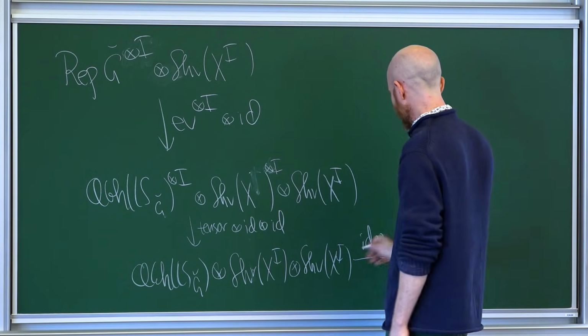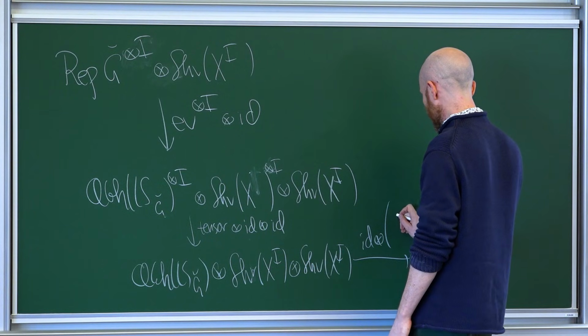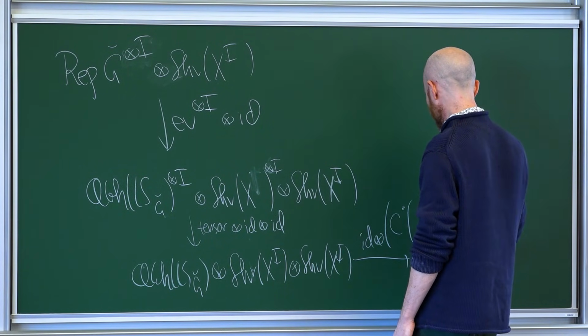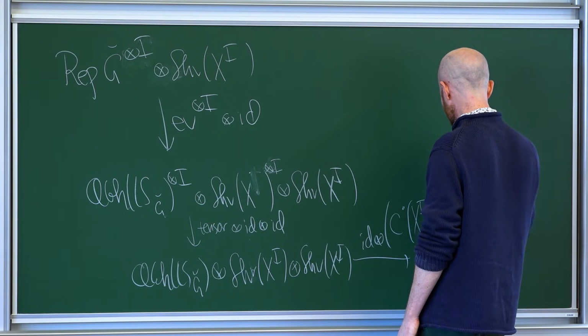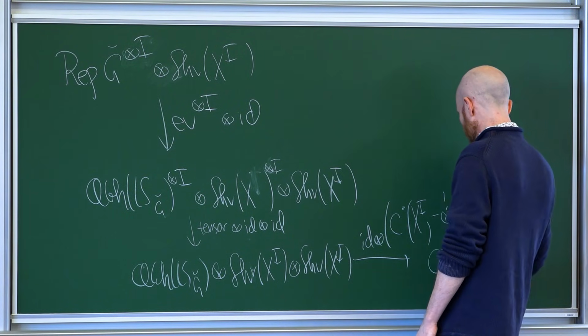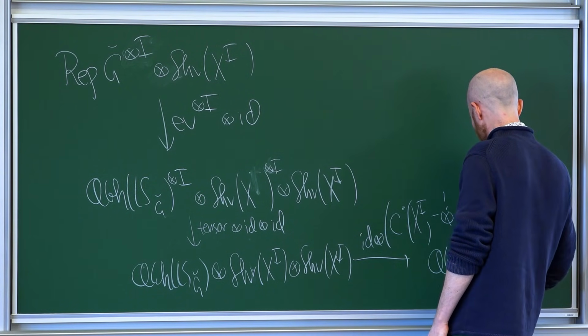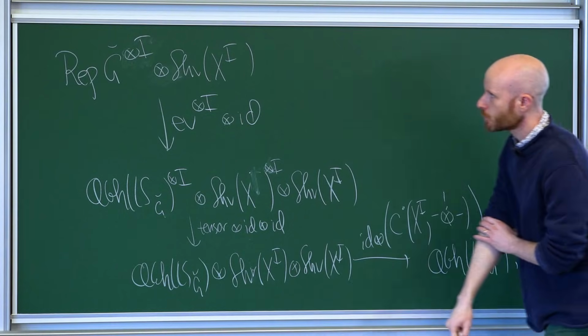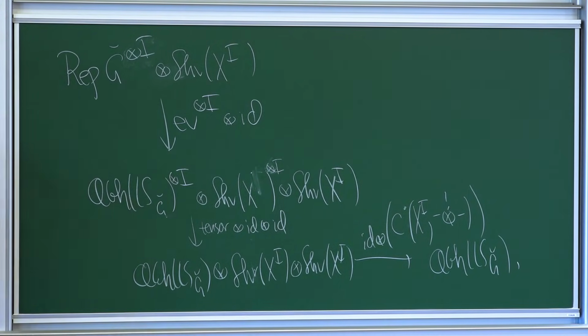And here, I'm going to pair these. That means I take cohomology of X to the I with coefficients in the tensor product between these two sheaves. That takes me down to QCoh of LocSys G-check. Why did I do the tensoring?